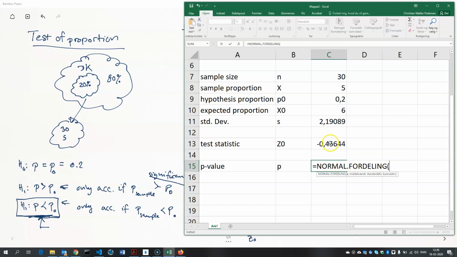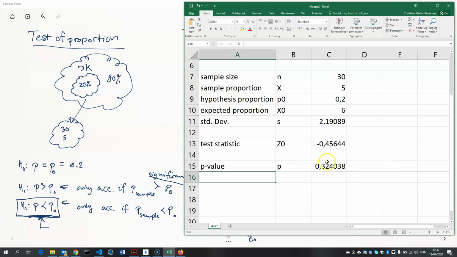And we choose the test statistic here. And it's a standard normal, so we'll plug in 0 and 1. And here you have to write true, or in Danish, sandt, to get the cumulative distribution. And as you can see, the p-value is way bigger than 5%, which I assume is our significance level. That means we cannot reject the null hypothesis.